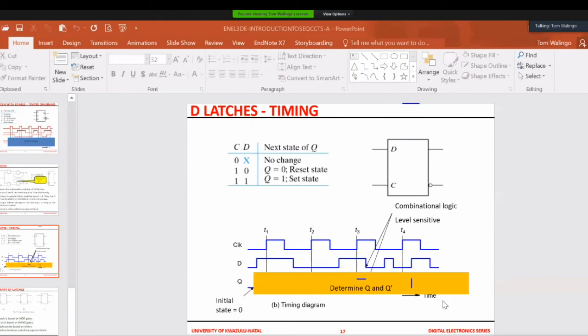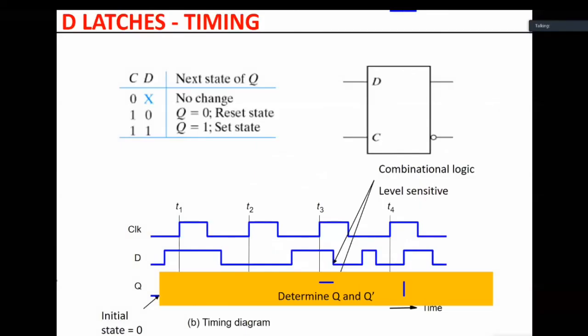Okay, pay attention, please. Pay attention to what is going on here. The timing diagram. You can't solve a timing diagram before understanding the functionality of something. This is our transparent D latch.